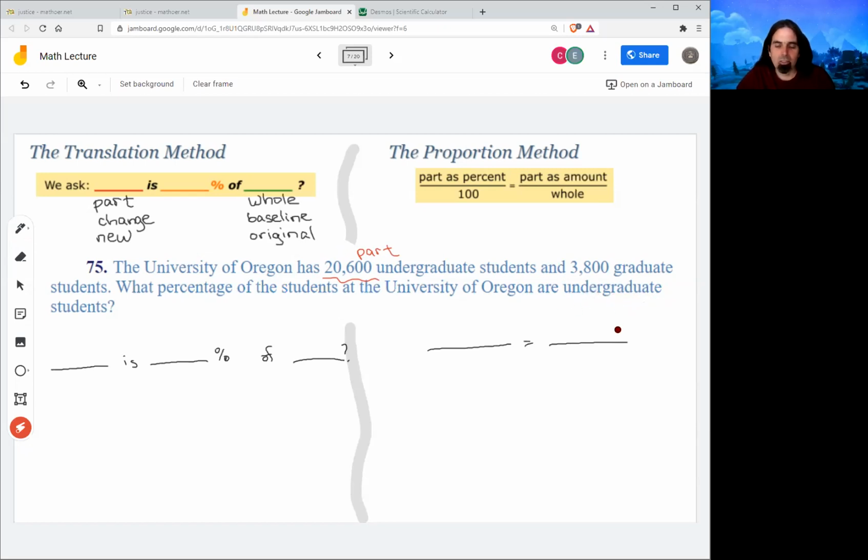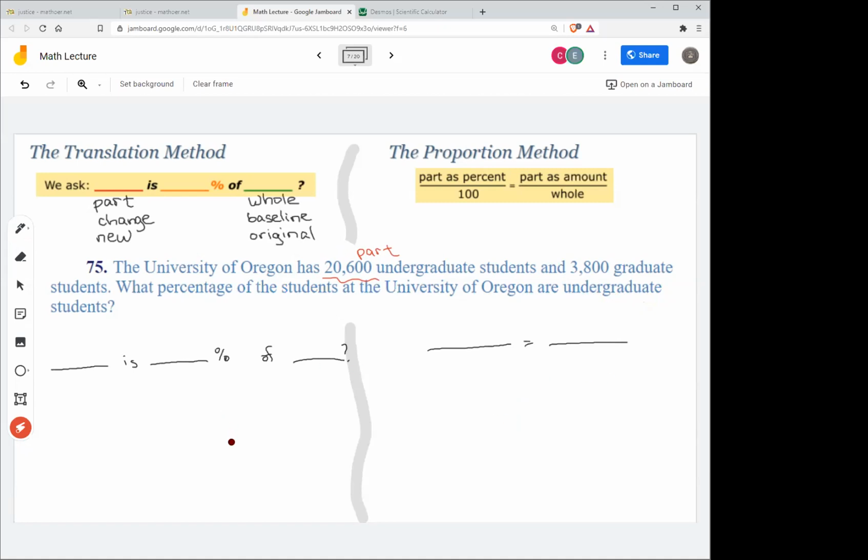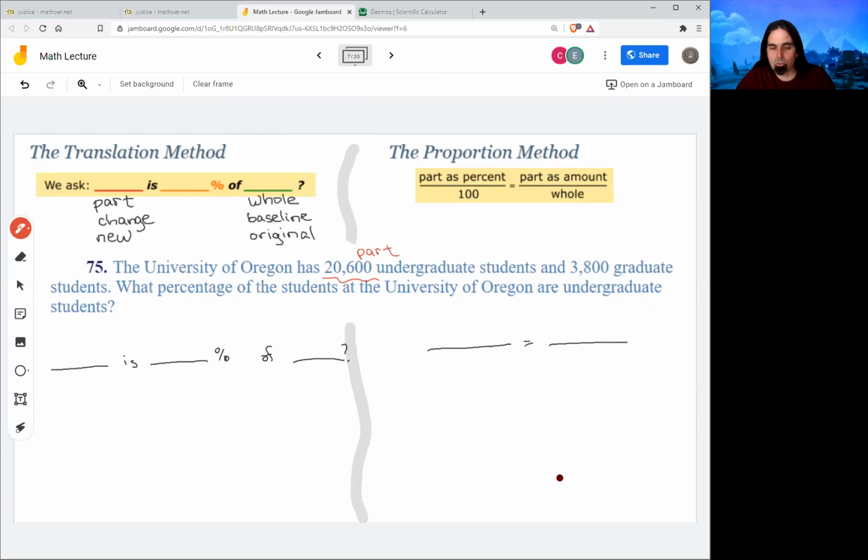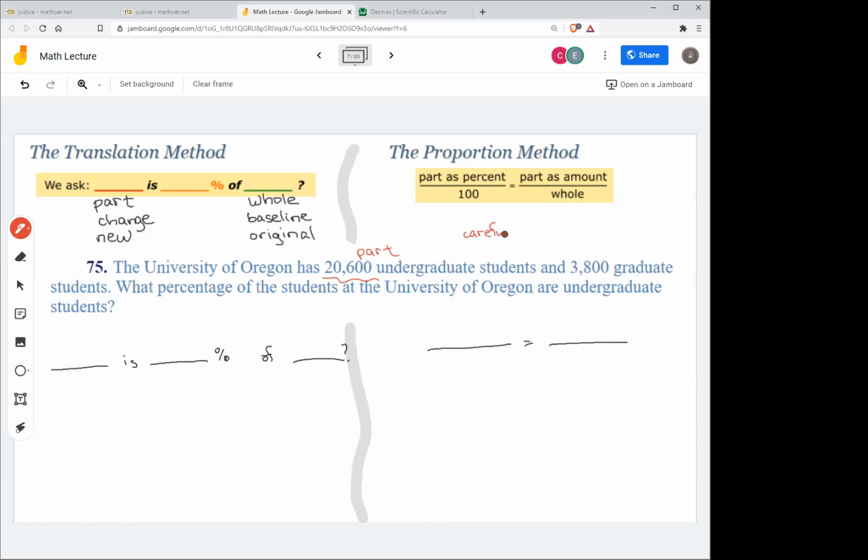What's the total? Is it the same as the 20,600? No, then you're making all these grad students feel neglected. The undergraduates and the graduates added together.